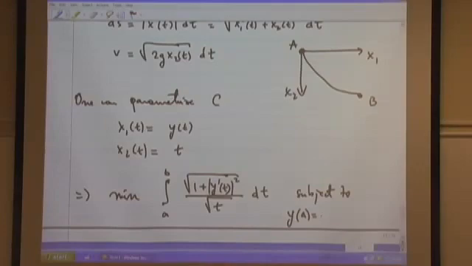So this is y1, in this case 0, and y of b is whatever this distance is here. And they use b. Let me call this little d. So that's the distance traveled along the horizontal line.